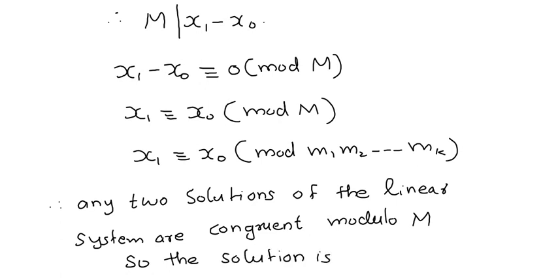So the solution is unique modulo capital M. Capital M is the product small m1, small m2, etc., small mk. That completes the proof.